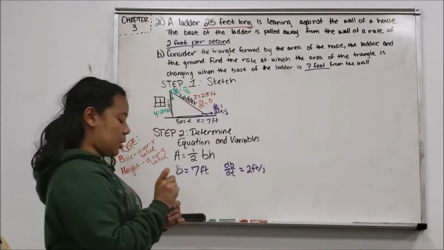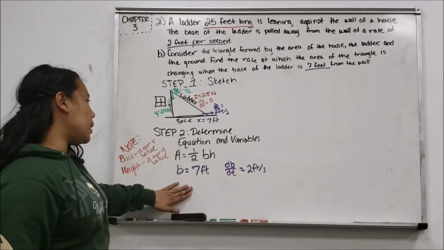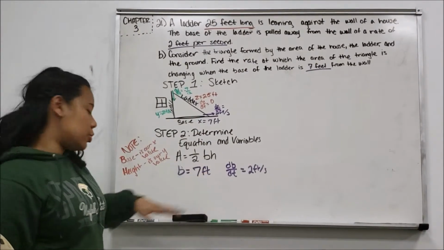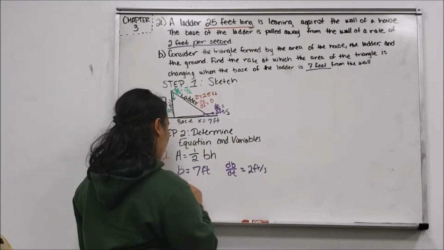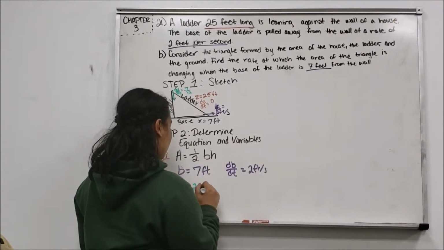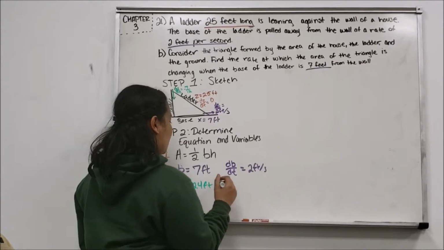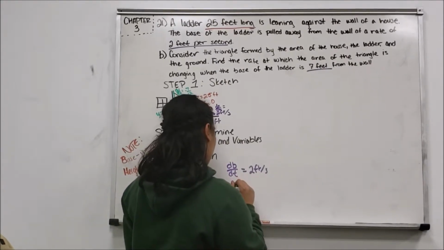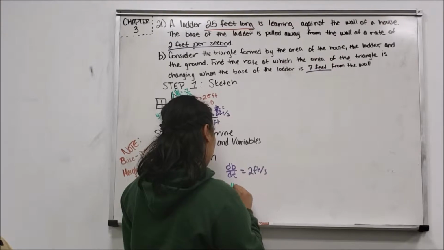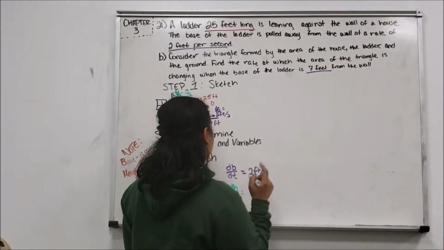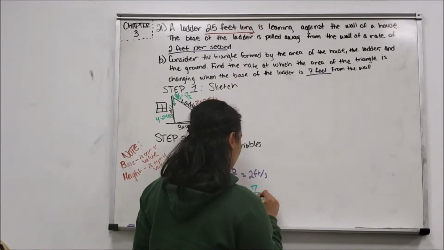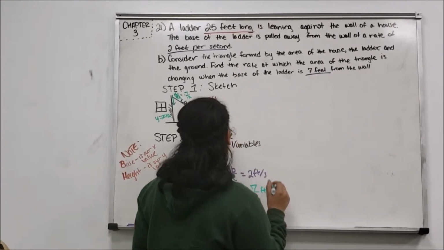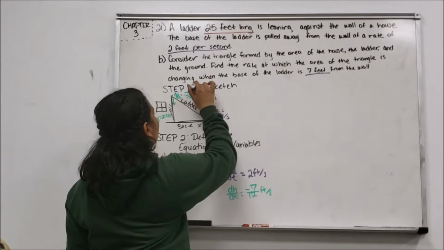So we're basically changing everything that says X to B, everything that says Y to H. So we have our H equals 24 feet, and our dH dt, which we solved in Part A, is negative 7/12 feet per second, which I forgot to put here.